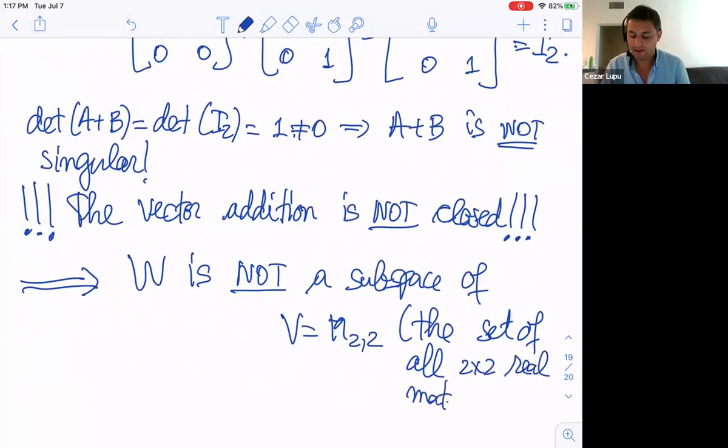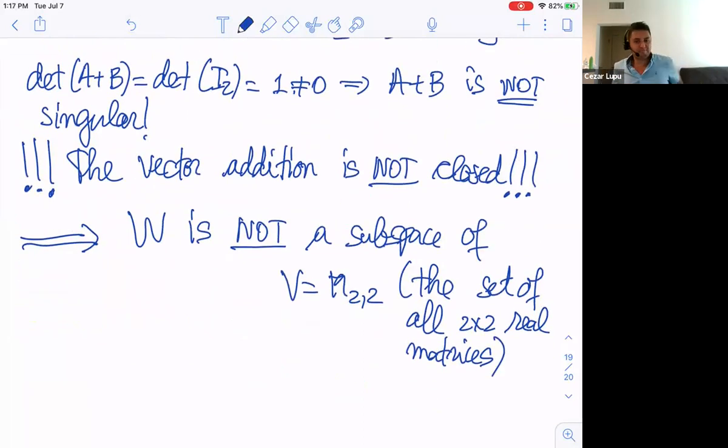You see, not all subsets of the set of matrices, for example, are subspaces. And here I gave you an example. There are plenty of other examples, and I would like you to look at the notes.